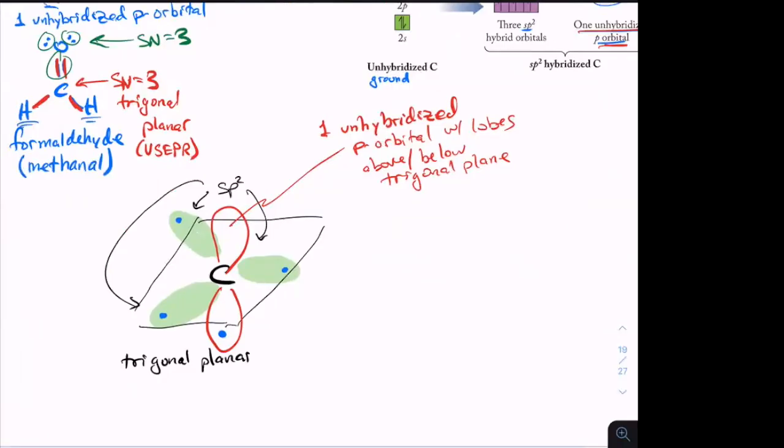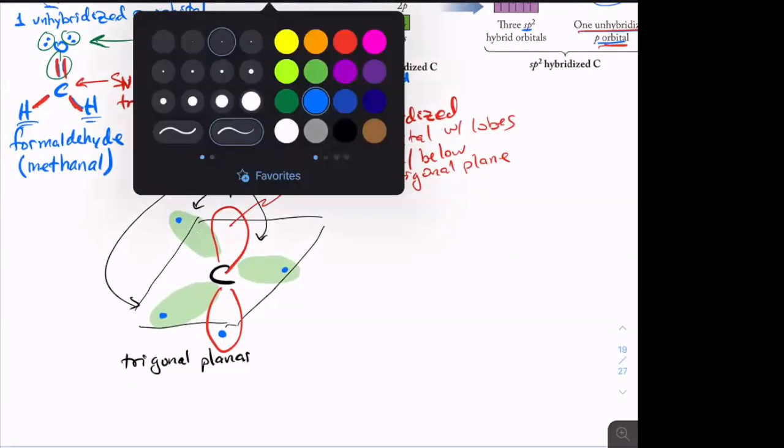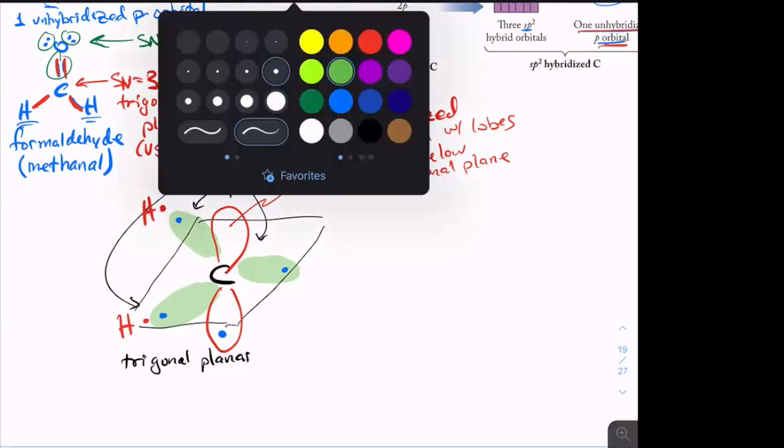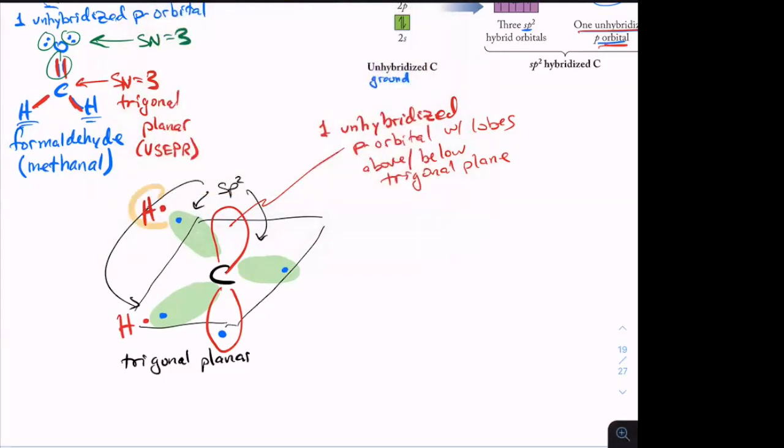So we're going to have the same thing here with these 2 bonded hydrogens. Let's just draw them in. Here, I'll put them in red. So here's 1 hydrogen, and it's going to share its electron. And here's another hydrogen that is going to share its electron, but let me put the s orbital in.